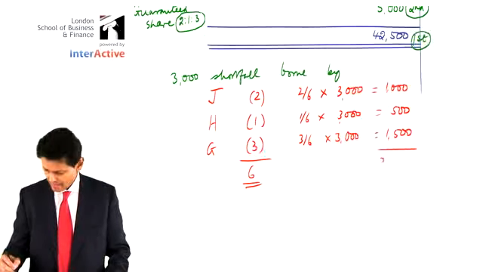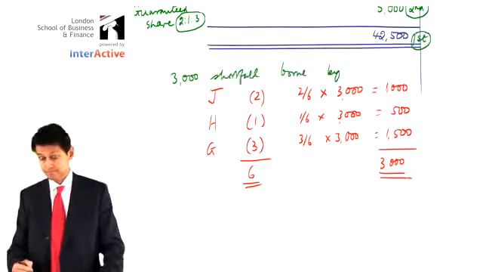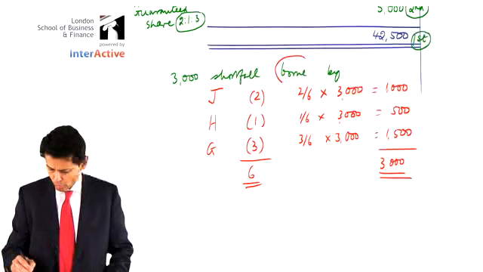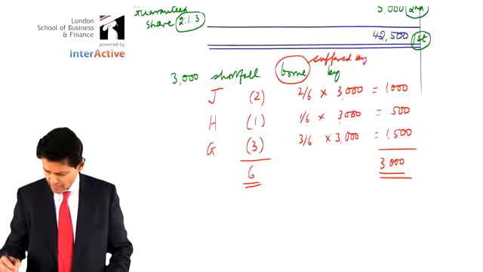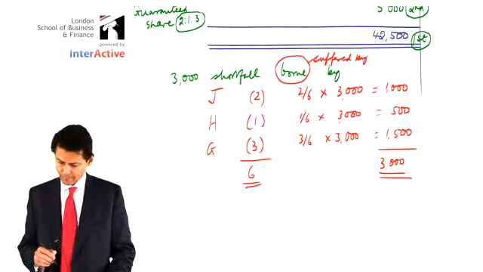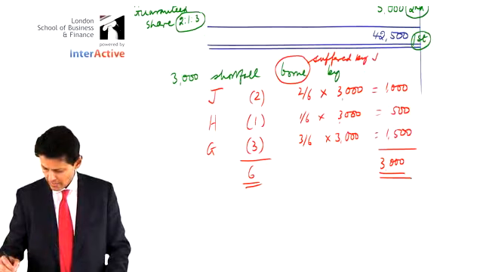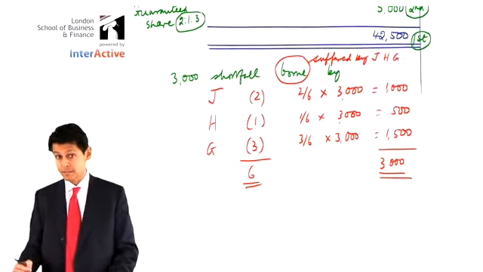If you add that up, there's your special 3,000, to be borne, suffered by the J, H, and G partners.